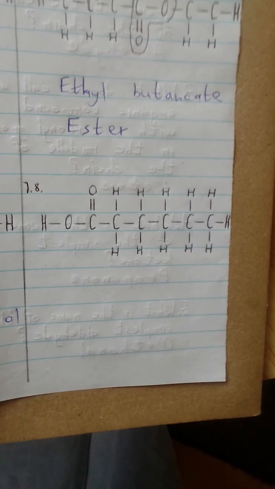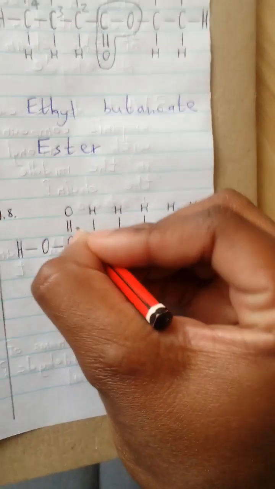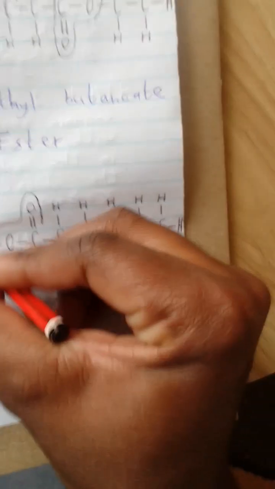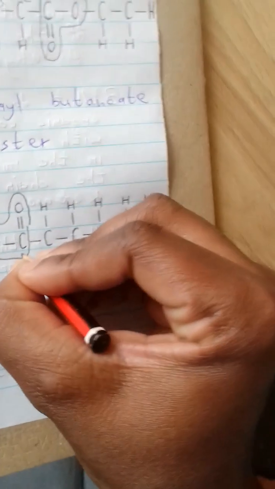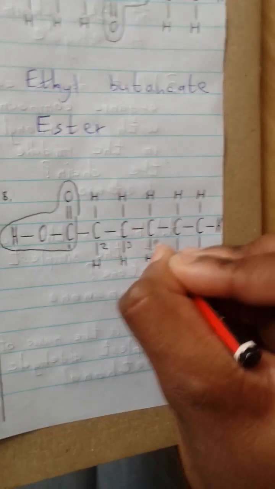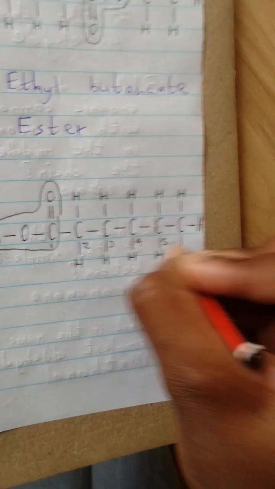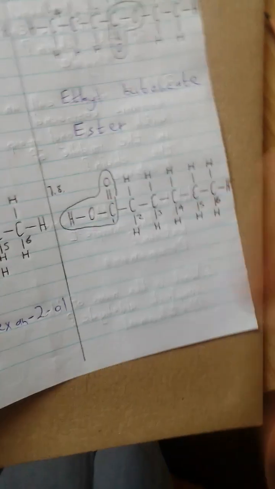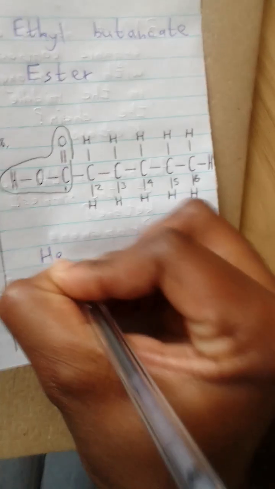7.8, you have that molecular structure. Okay, so as you can see at the beginning, you have a carboxyl group, right? 1, 2, 3, 4, 5, 6. So this is hexanoic acid.